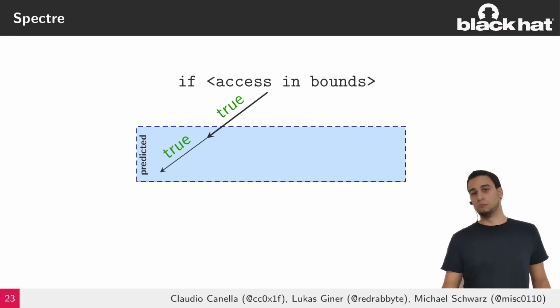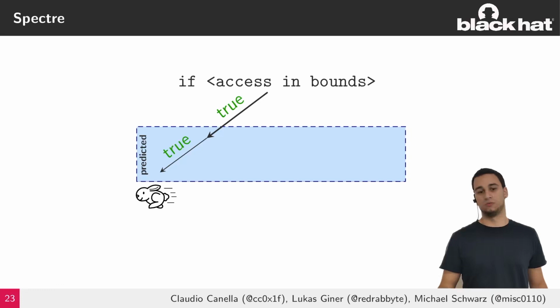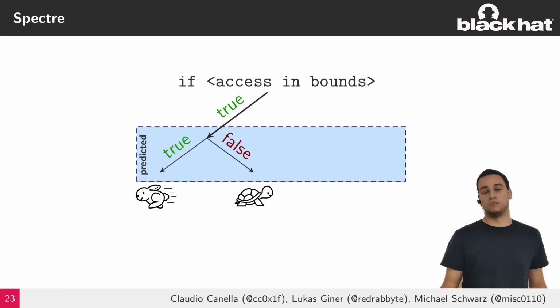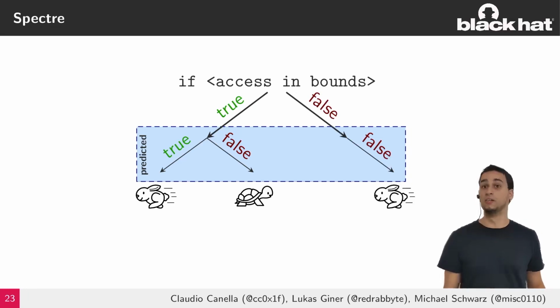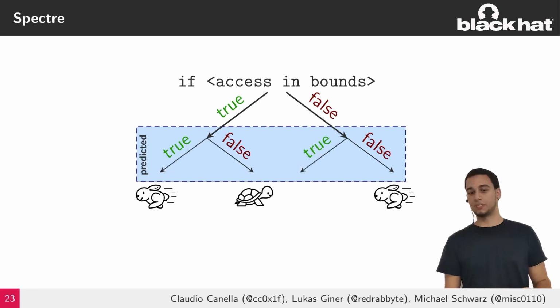If the CPU predicts that something is in bounds, then everything is faster because it was predicted correctly. If there was a misprediction, it might be a bit slower, but it's still okay. If it predicts that it's not in bounds and is actually not in bounds, it's also fine. The prediction was correct. But there's one corner case that is actually exploitable, the Spectre attack.